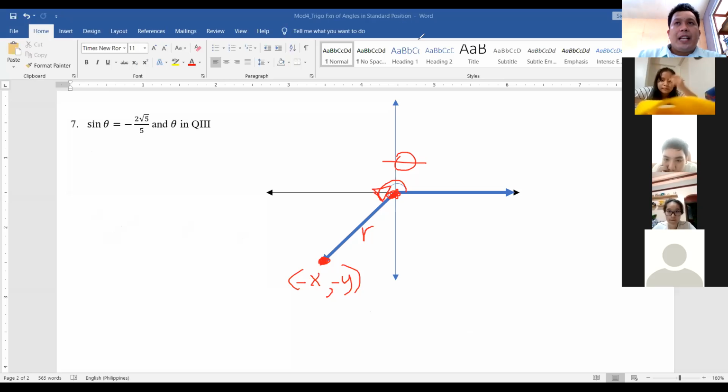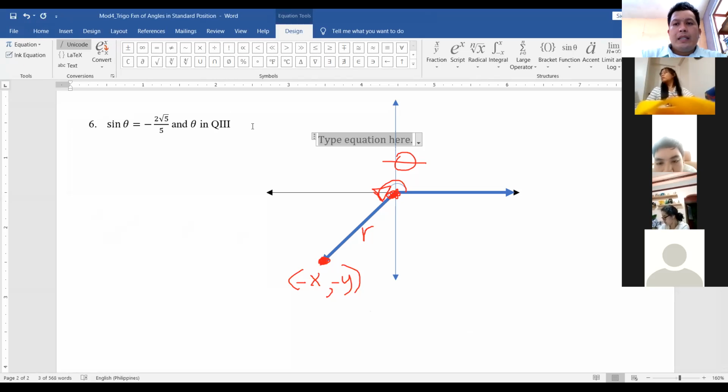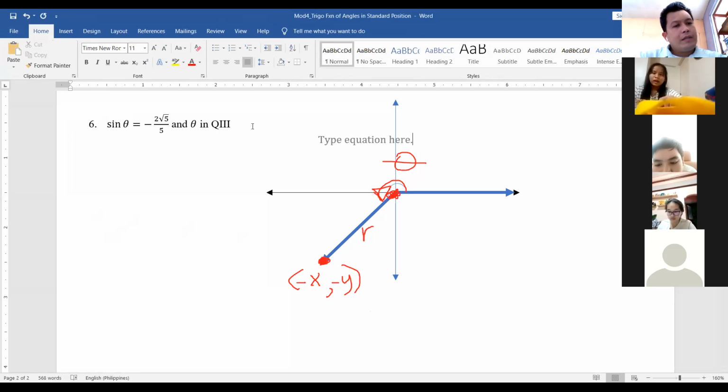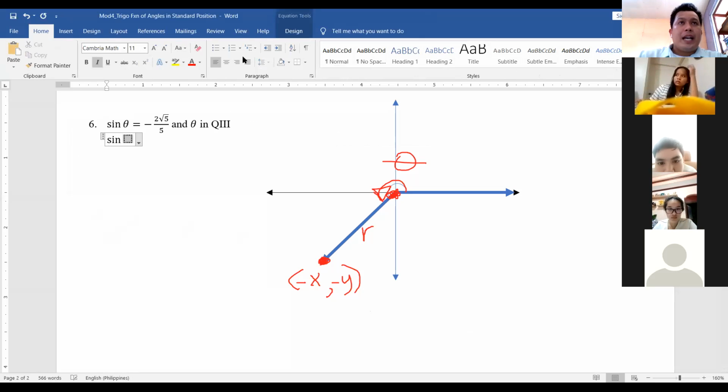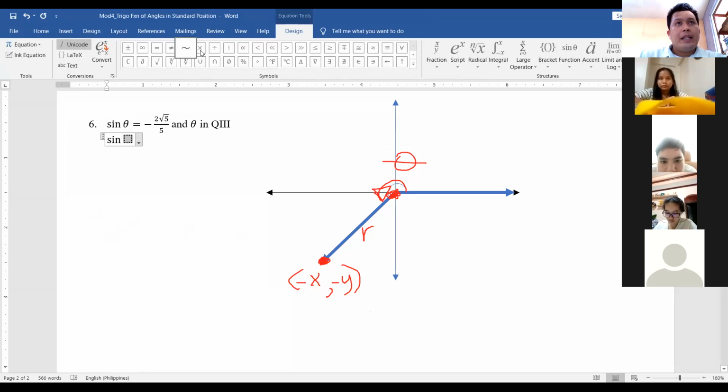Since the formula for sine of theta is equal to y over r, where are you, theta? Here. It is y over r.